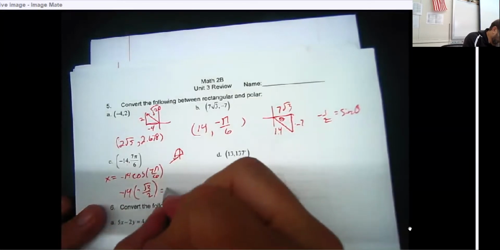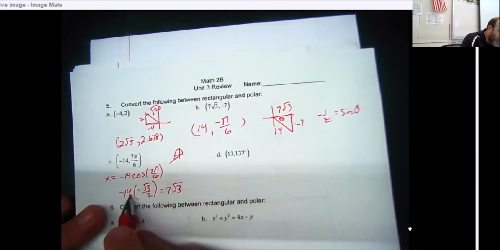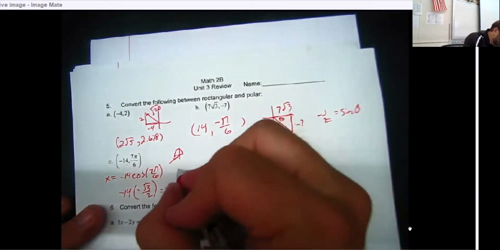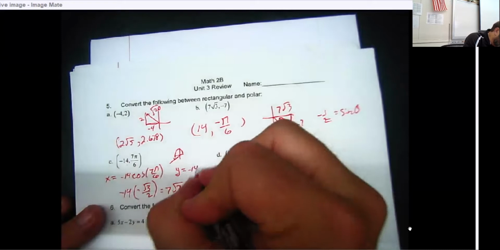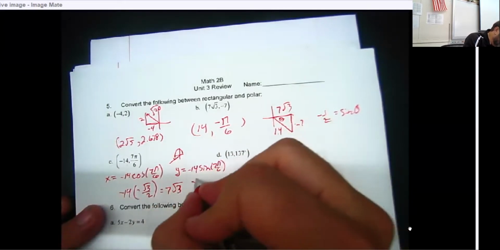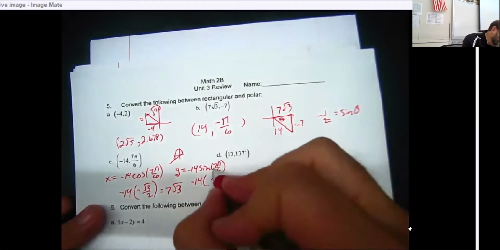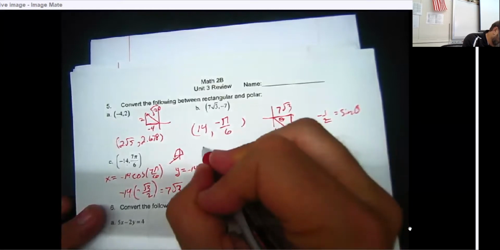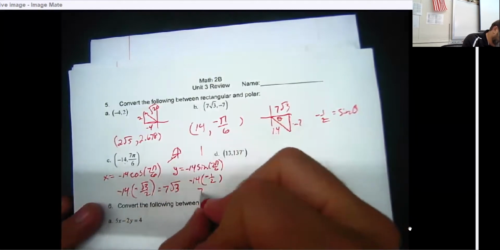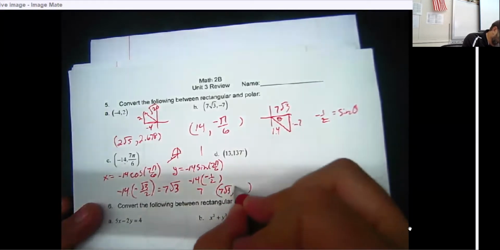So my x value became 7 roots of 3 because 2 goes into 14 7 times. Similarly, y is r sine theta. And I know that the sine of any kind of pi/6 is 1/2, and the sine of 7 pi/6 in the third quadrant would be negative. Remember, third quadrant, the sine is negative. And so my coordinate says x is 7 roots of 3 and y is 7.